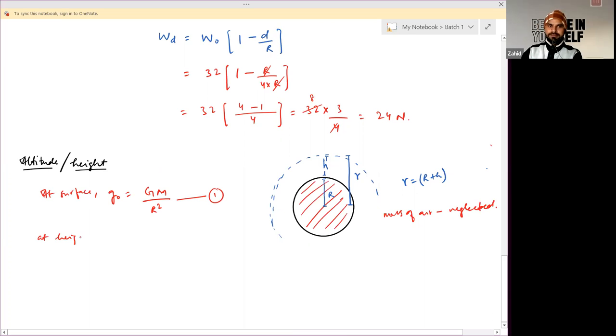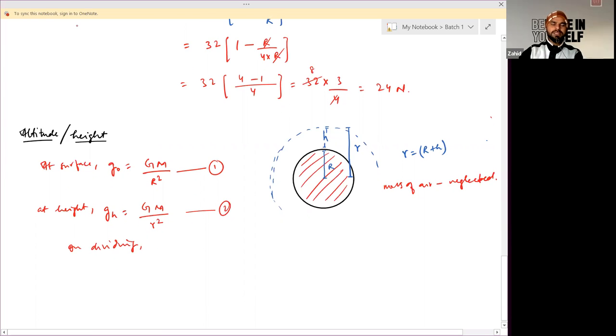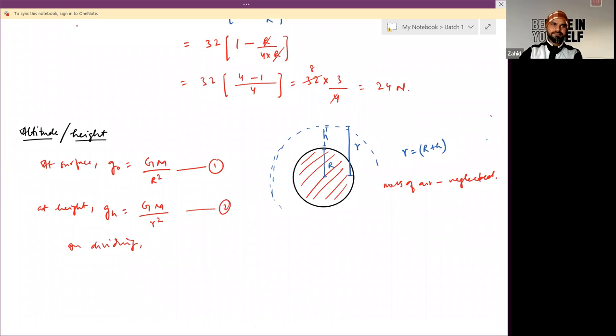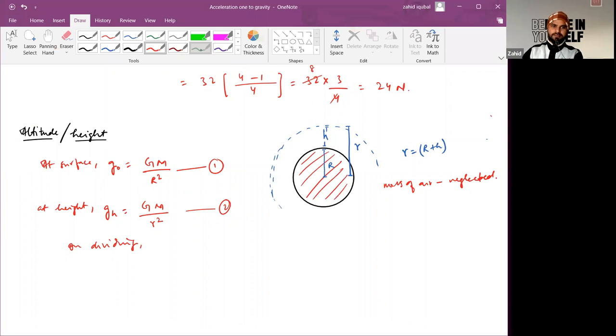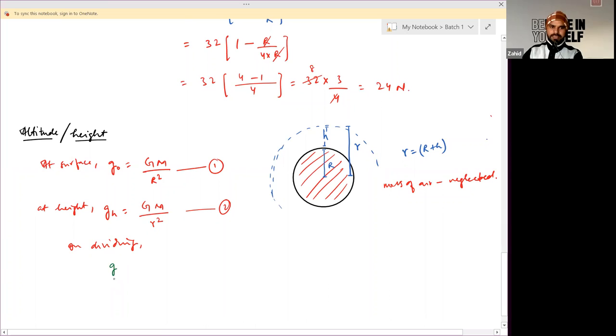At height, gravity due to height is g_h equals GM by small r squared, where mass remains constant and the distance from the center to that point is small r. Now on dividing these two equations, you will get gravity at height h divided by gravity on the surface; GM and GM will cancel out.